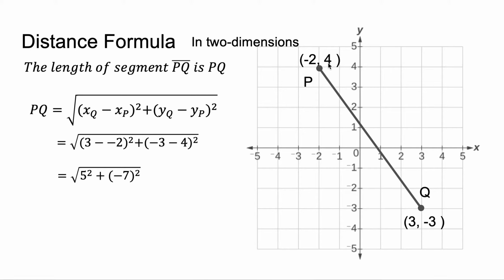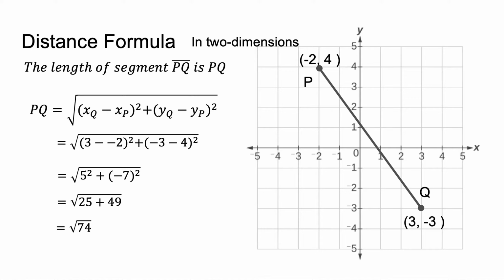Just to check that again, look, 1, 2, 3, 4, 5 across, 1, 2, 3, 4, 5, 6, 7 down, so it's 5 and negative 7. Square them, add them together, you get square root of 74. You can't simplify that anymore. We'll just leave it as an exact value, square root of 74.